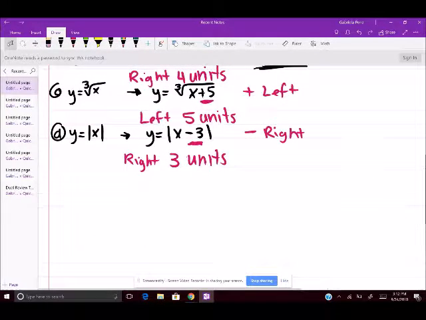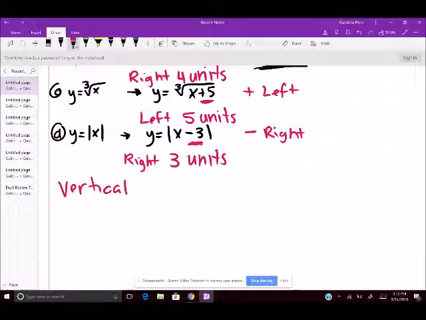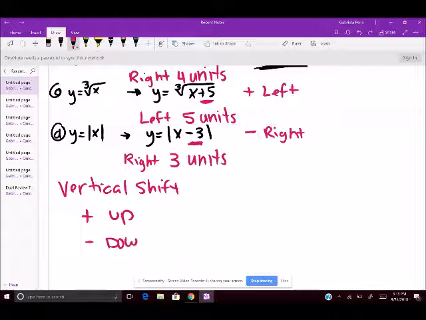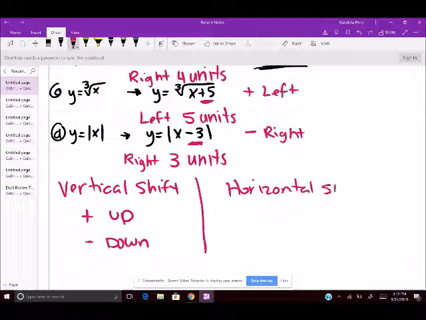So just to review, for the vertical shifts, if it's a plus, it means up. If it's minus, it means down. For the horizontal shift, if it's a plus, it moves left.